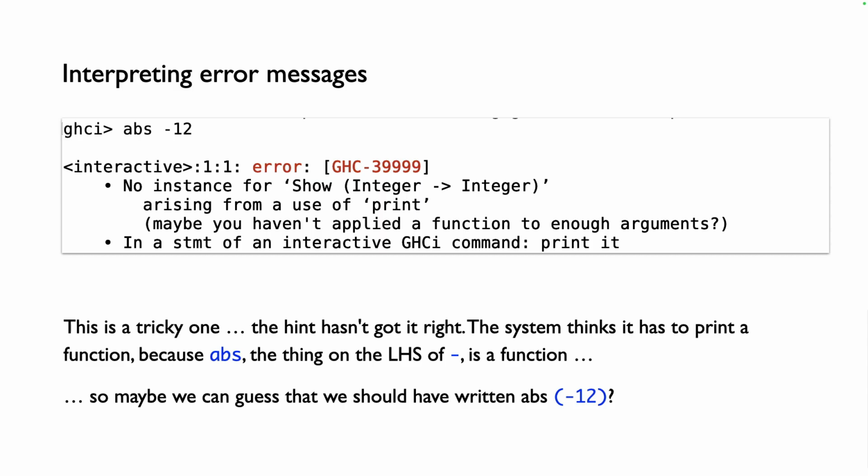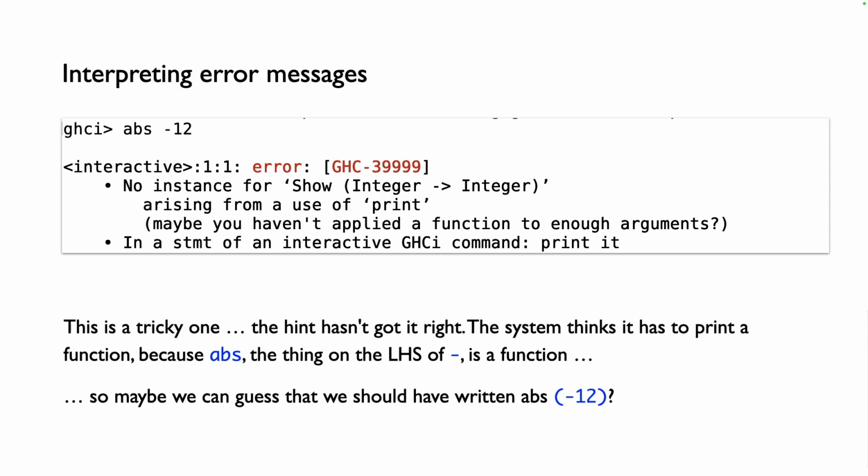Now sometimes compiler designers don't get things right, and I think here they're missing a trick. But what it's seeing is, it's thinking I've still got a function here, and that's because if you remember, the thing on the left hand side of the minus sign is a function, and it's thinking, oh, this whole thing is a function.